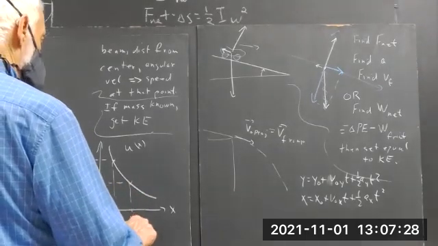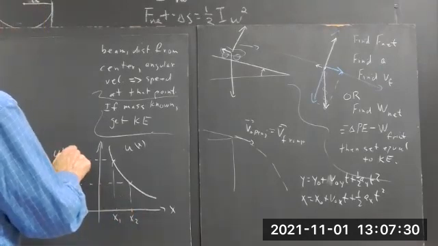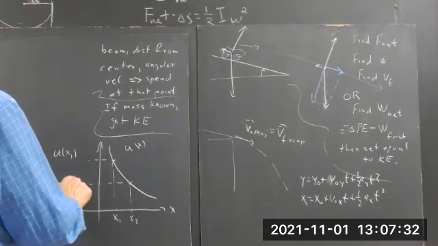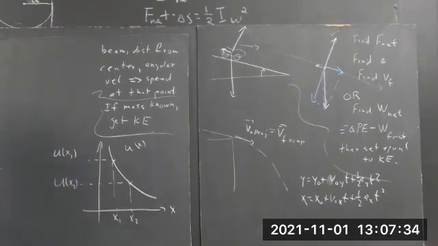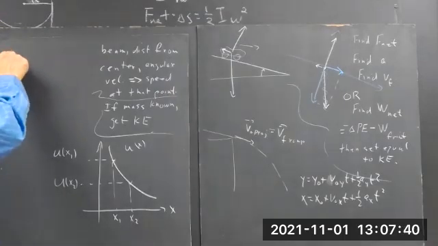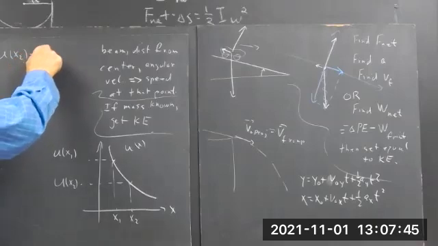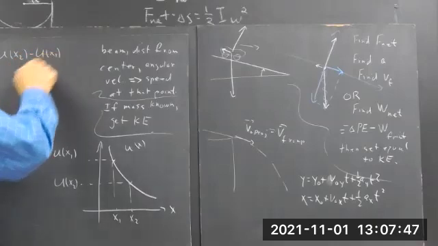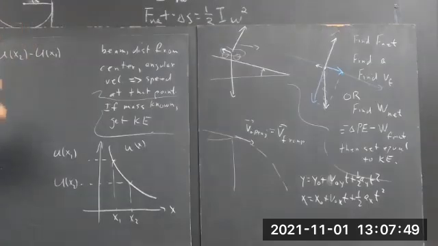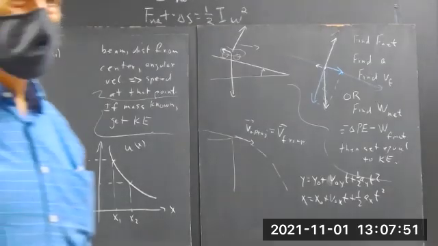You got X1, X2, U of X1, U of X2. What does U of X2 minus U of X1 tell you?